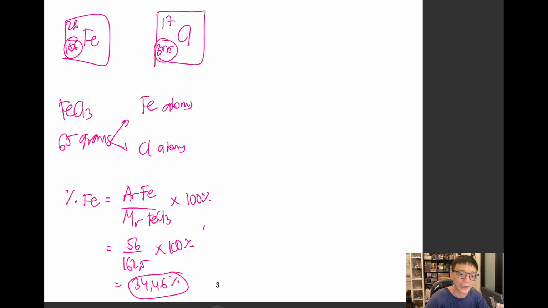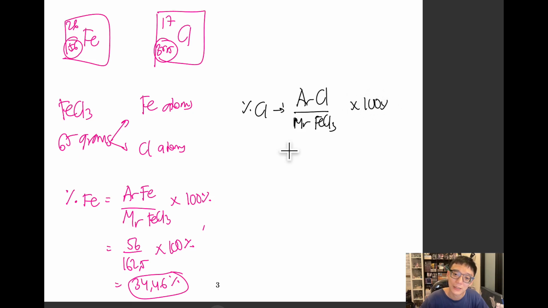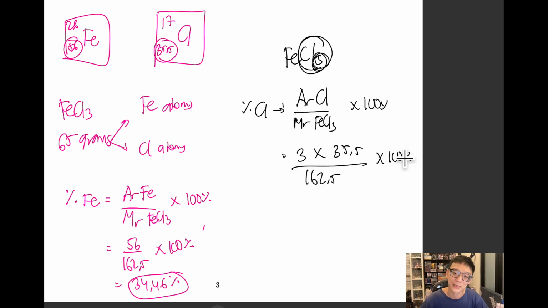But now we can try and see the percentage of Cl atom. So it means that the Ar of Cl divided by the Mr of FeCl3, so the everything, multiplied by 100%. So now we have 3 Cl. So don't forget that in FeCl3 we have 3 Cls, meaning that we multiply the Ar by 3, we divide by everything, and then we multiply by 100%.